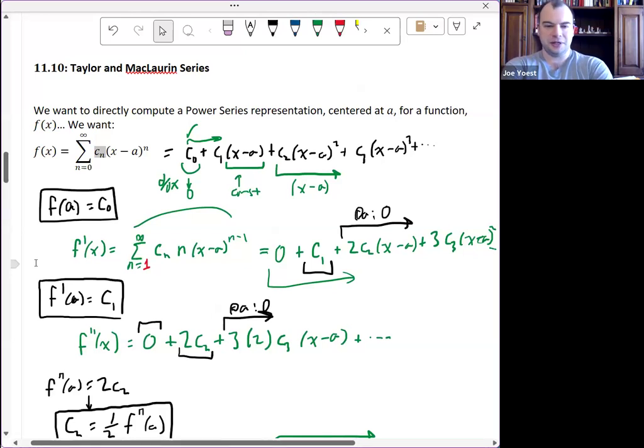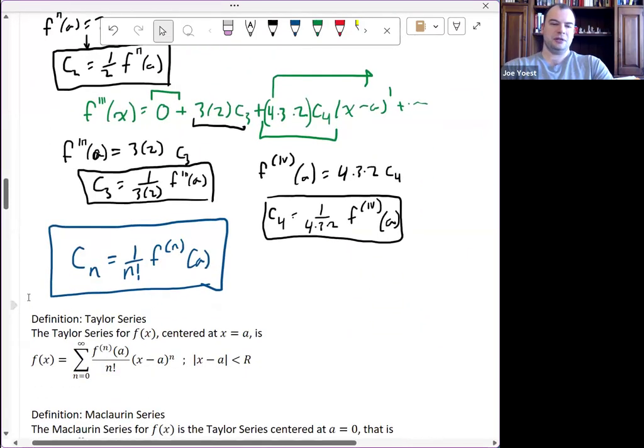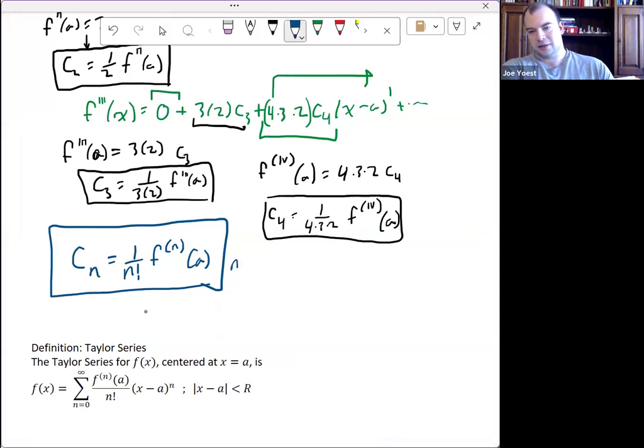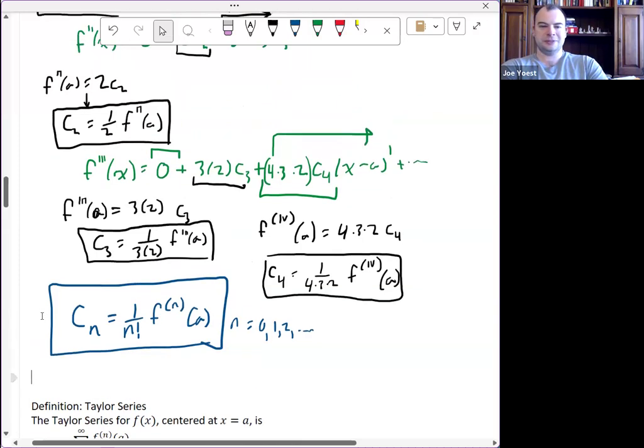That's all the information I need to know what my power series is. These are all of the Cn's, and this is for n an integer bigger than or equal to 0. Here, of course, the 0th derivative of the function is just the function itself, and 0 factorial is 1.